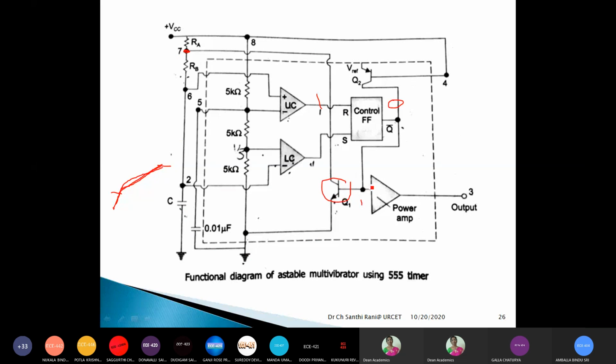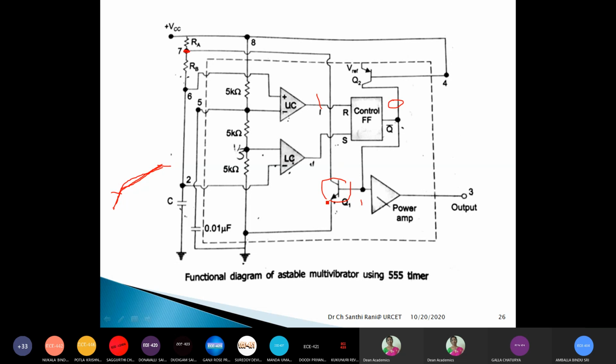When it is like an open switch, the capacitor will be charging from VCC. During the charging process, resistors RA and RB are included, and during the discharge process, only resistor RB is connected. Okay, so that is the circuit arrangement.